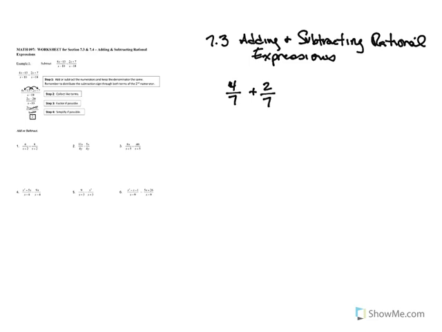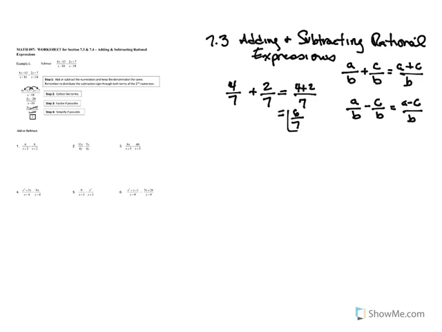When we are adding and subtracting fractions, the rules say the denominator must always be the same in order for you to add or subtract fractions. So in this example, my denominator would be 7. I would do 4 plus 2. I would get 6/7, right?